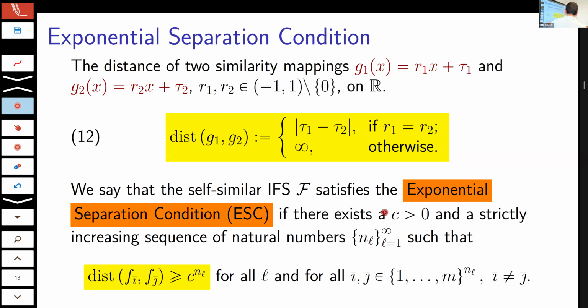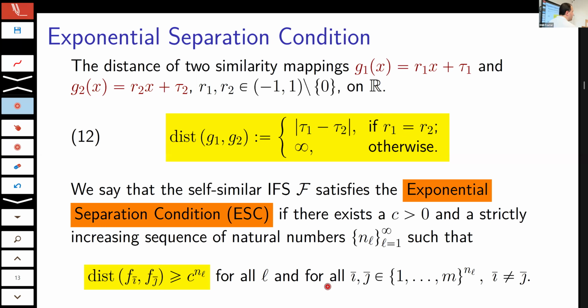Then, using this distance, we can define the exponential separation condition. We say that our IFS satisfies this condition if we can find a constant and a strictly increasing sequence of numbers such that when we pick any number n from the sequence, on that level, picking any two words that are different, the distance of the two functions defined by the chosen words must be larger than this constant to the power n.